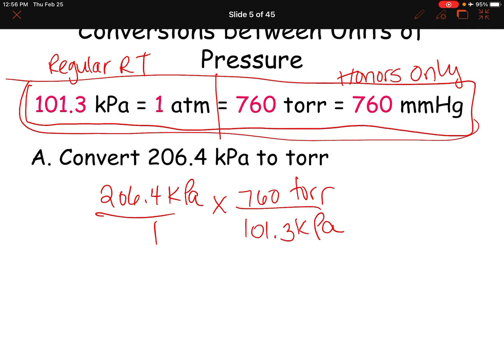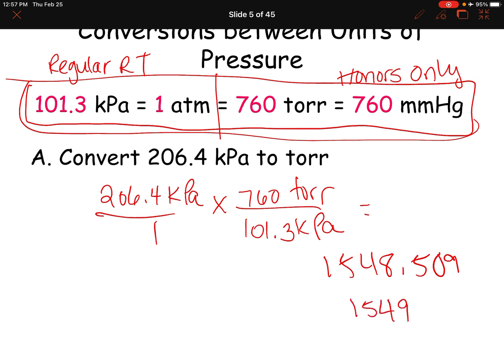So let's do 206.4 times 760 divided by 101.3, which gives you an answer of 1548.509, and so on. You shouldn't have all those decimal places. If we were rounding to significant figures, it would be 1549.